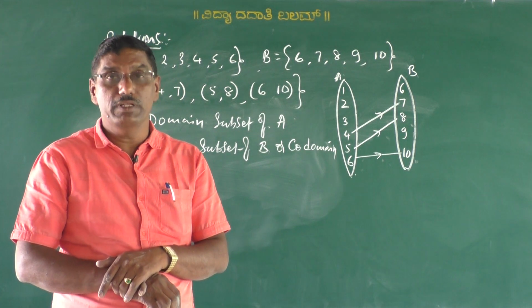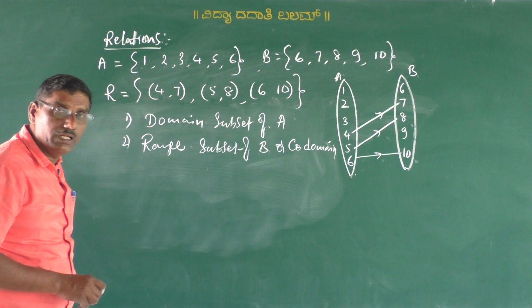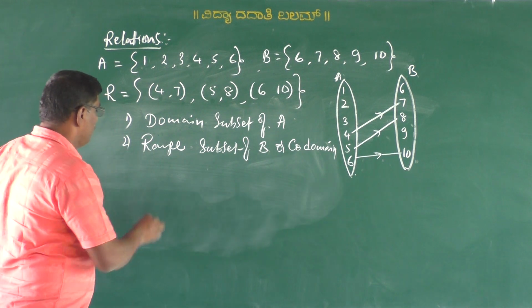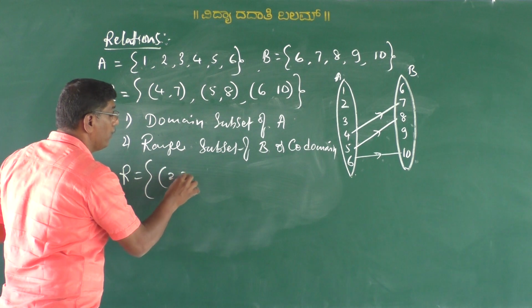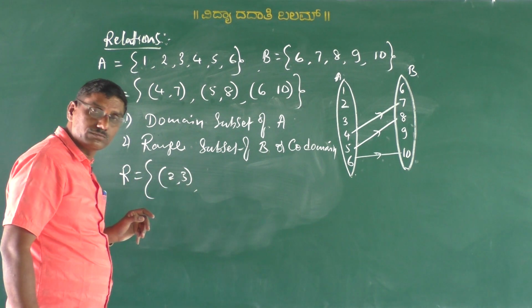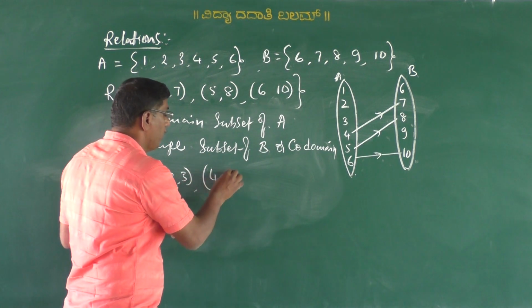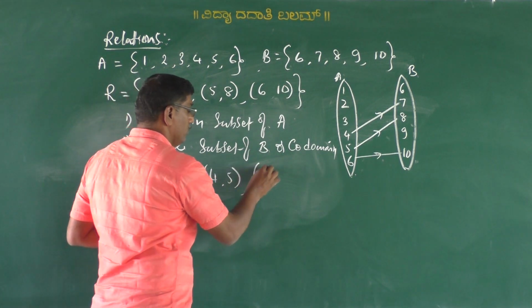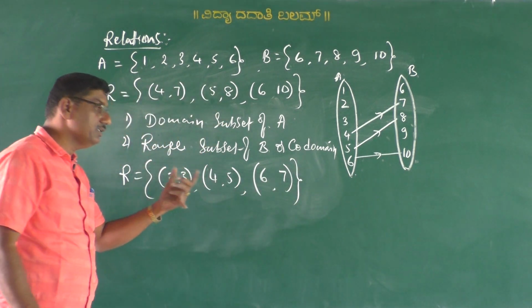In rule method also. For example, here R is equal to the set of all ordered pairs (2, 3), (4, 5), (6, 7). This is one of the relations.